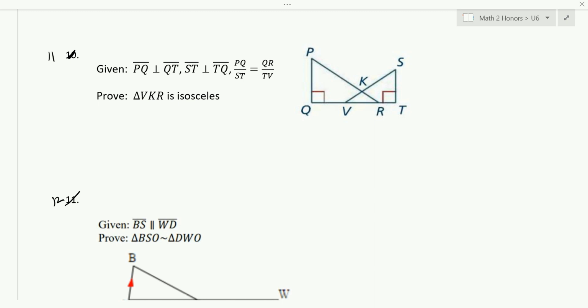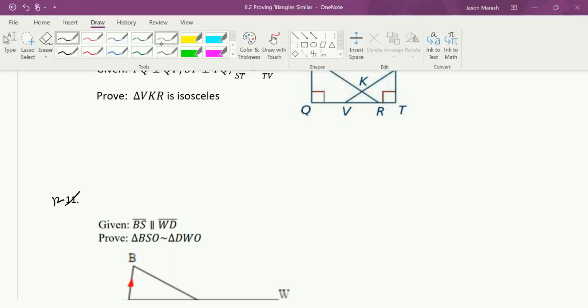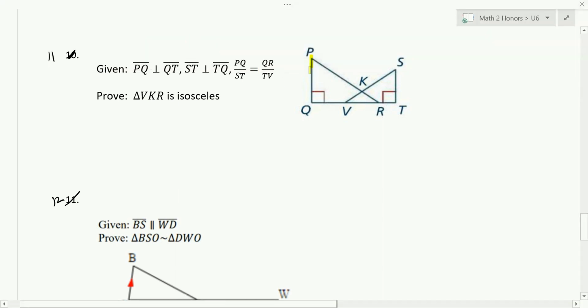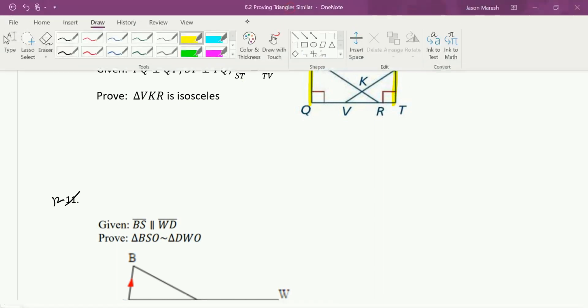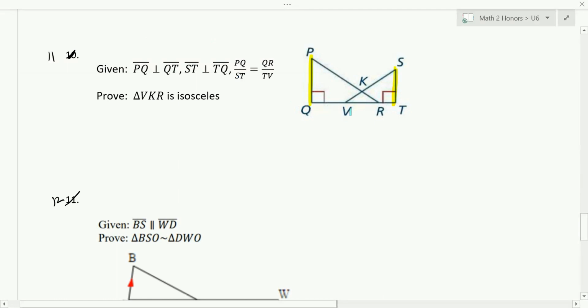Okay, so if you look at what's given, we definitely have an angle congruent to an angle that we can get to. It's not given to us explicitly, but we can get to it. And then if you look at the proportion, I'm going to highlight what's in here. So we have PQ over ST, so saying that those are corresponding, and they're saying QR and VT are proportional as well.